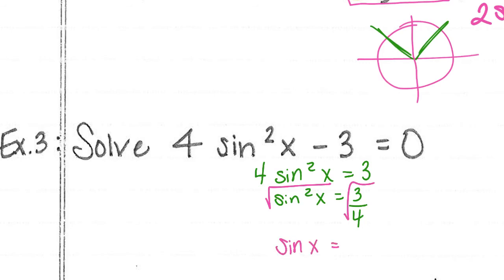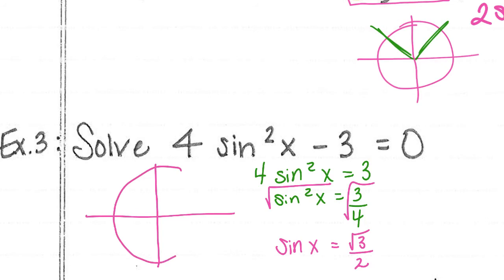Where on the unit circle is the sine equal to root 3 over 2? Once again, I like to look at that unit circle. I know that at pi over 3, we're going to have our sine be root 3 over 2.